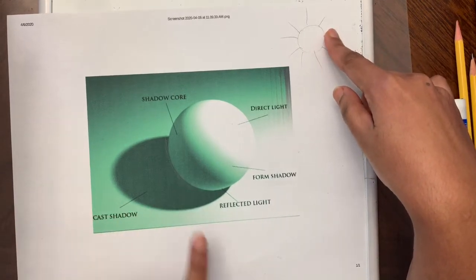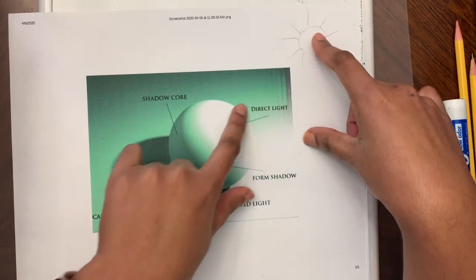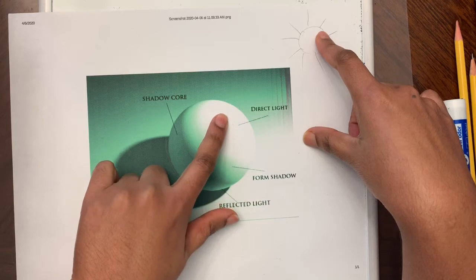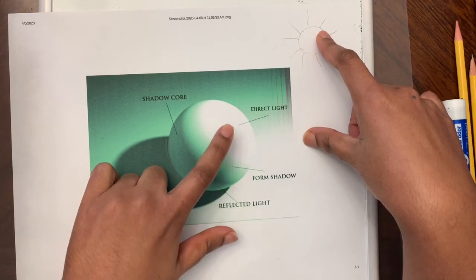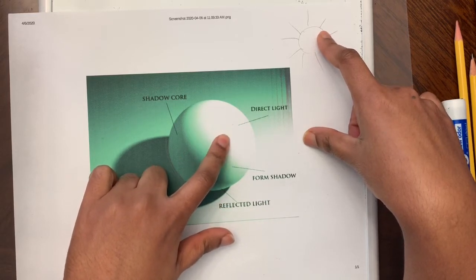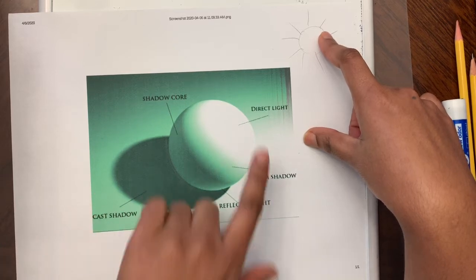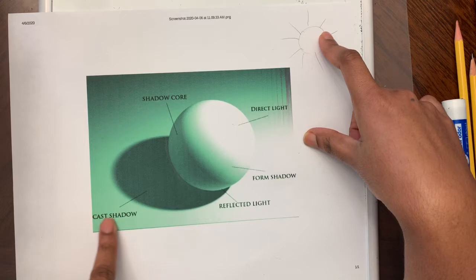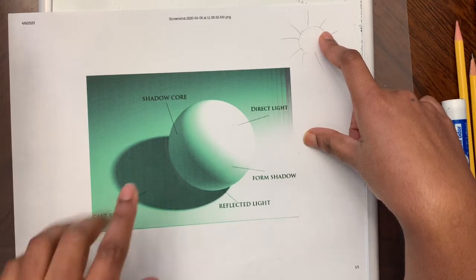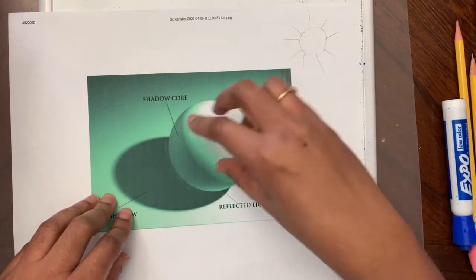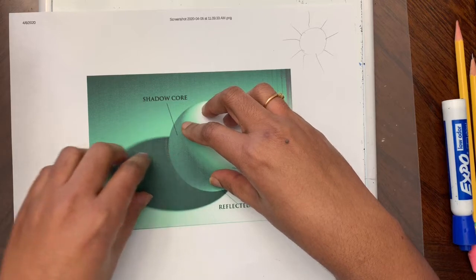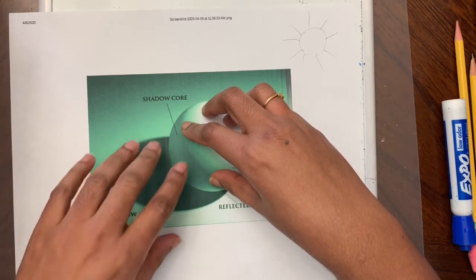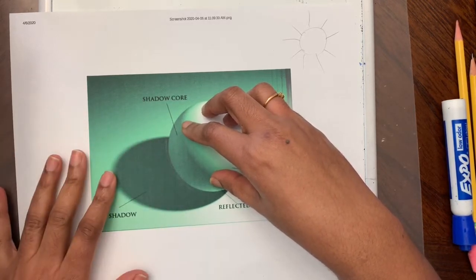All this area where the light directly falls is called the direct light area. And then on the opposite side there is this area that has a shadow that the object is casting. This object is casting a shadow here. It always falls on the opposite side.